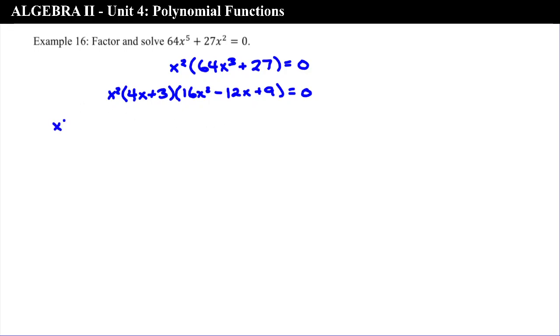We've got x squared equals 0. We've got 4x plus 3 equals 0. And then we've got 16x squared minus 12x plus 9 equals 0. Well, the first 2 are easy enough to do. We end up with x equals 0. And in this case, 2 of the x's ended up being 0.